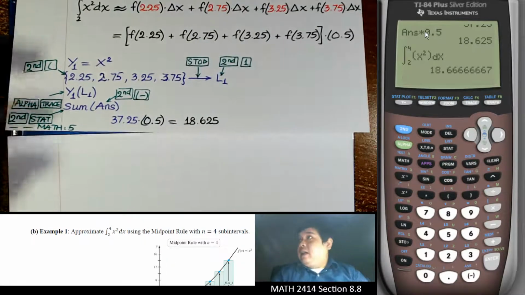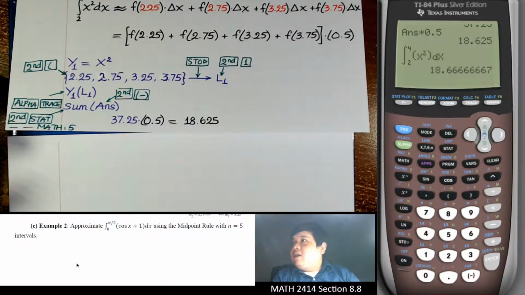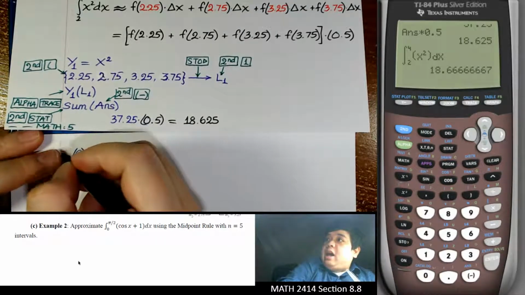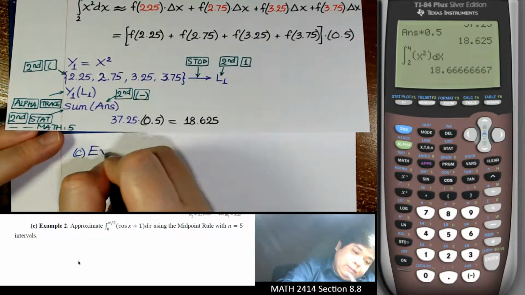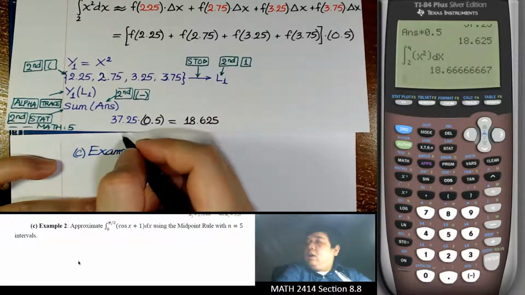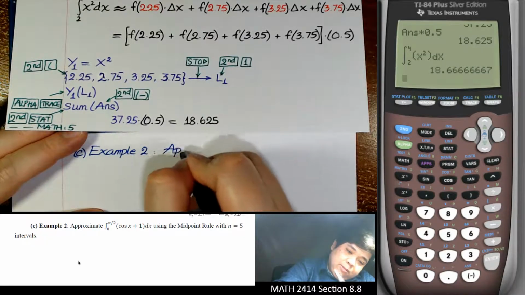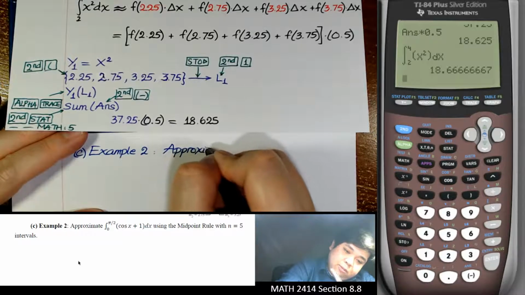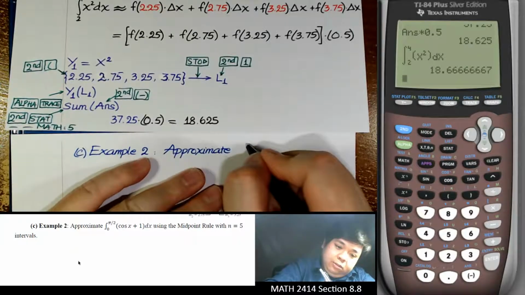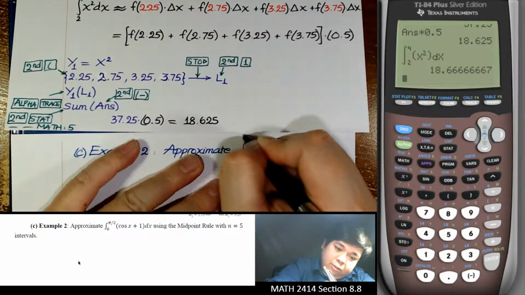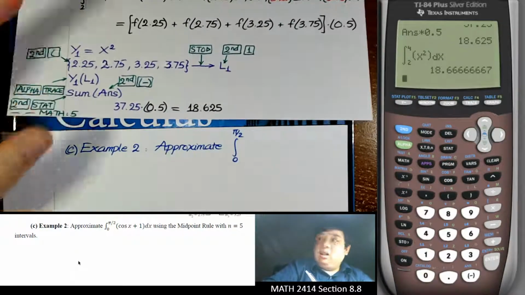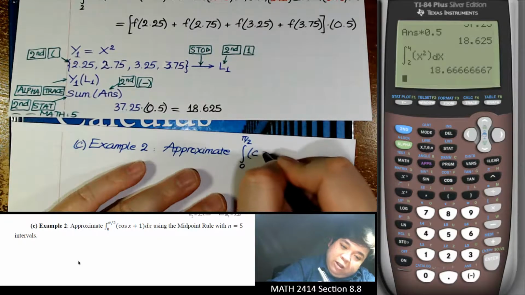Right, let's try another one. This, see, as sample 2. Approximate that. The function is cosine plus 1.